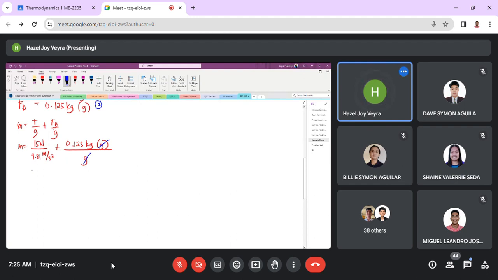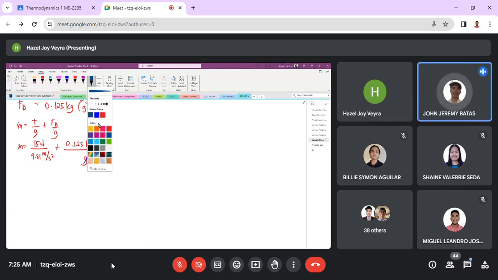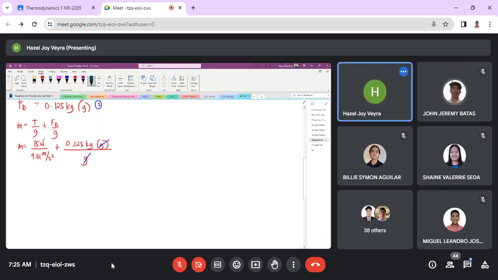And then, what is the equivalent of 1 Newton? Kilogram meter per second squared. Correct. So this 1 Newton is equal to 1 kilogram meter per second squared.